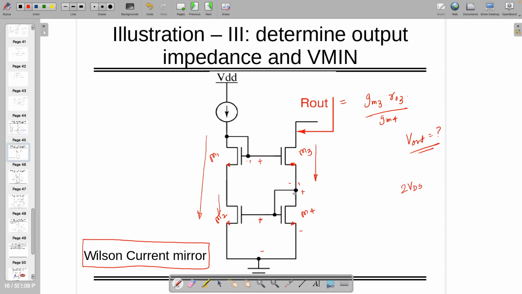Is it correct or wrong? 2 VDS plus VTH. How did you get this? Like we said, the downward is VDS plus VTH. But it is VDS already, right? VGS is equal to VDS, so the drain to source voltage is actually changing the gate, not the other side. That's what I was saying: write it down in terms of VDS. And here VDS plus VTH, right?